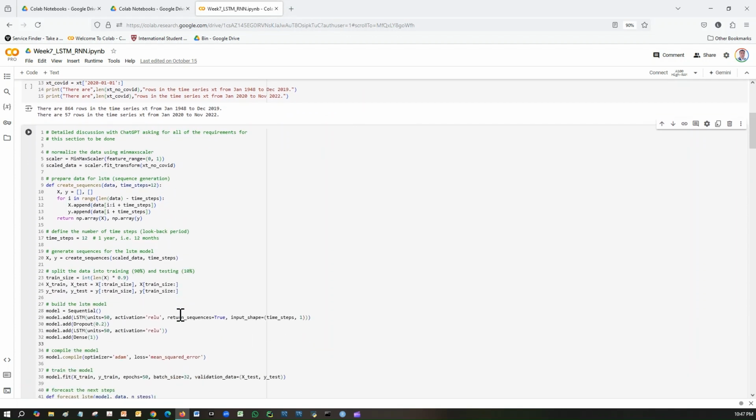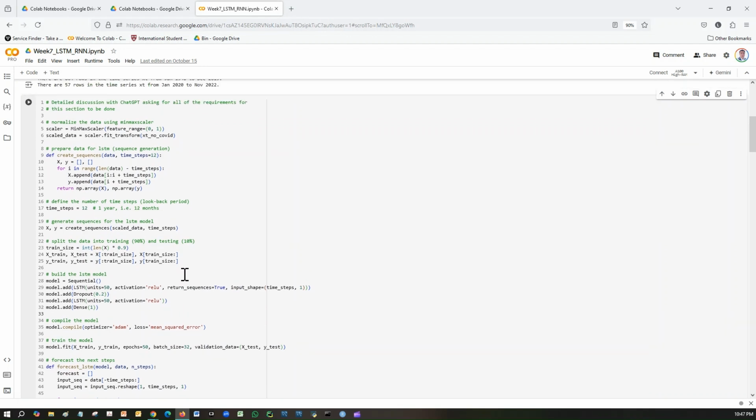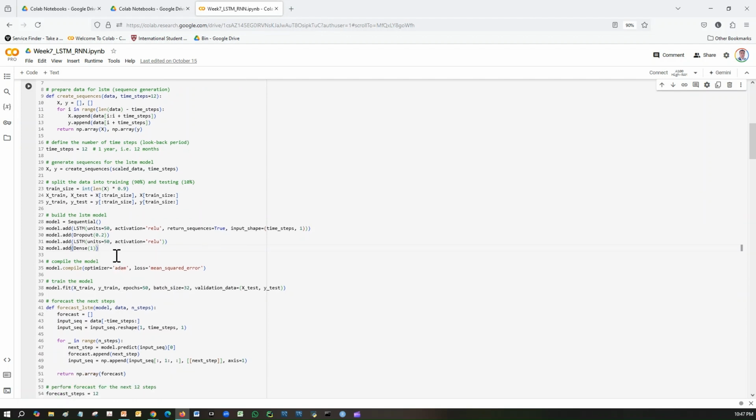The next code chunk we can touch on to address the question that came up in class towards the end of the presentation. In conversation with ChatGPT, it was recommended to use this pretty simplistic model where we see there are just two layers and a dropout of 0.2 in between, followed by the dense layer to do the prediction.